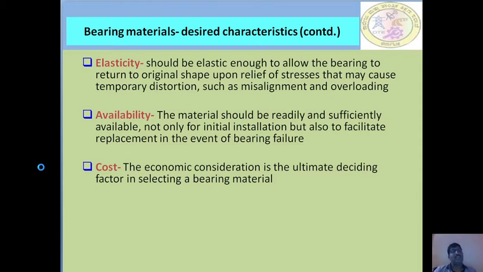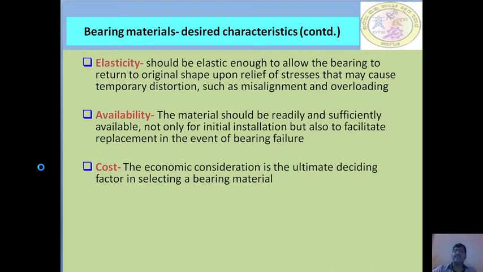And most importantly, cost. Economic consideration is the most important criterion while designing anything. While selecting any bearing material, the cost should be optimum. Hence, economic consideration is the ultimate deciding factor while selecting bearing materials. And availability is also important.